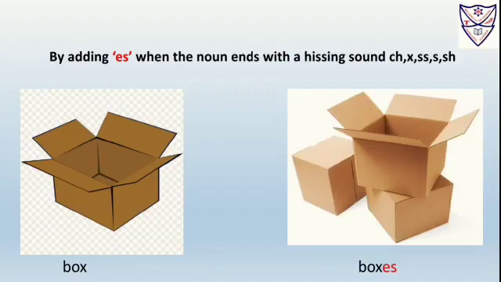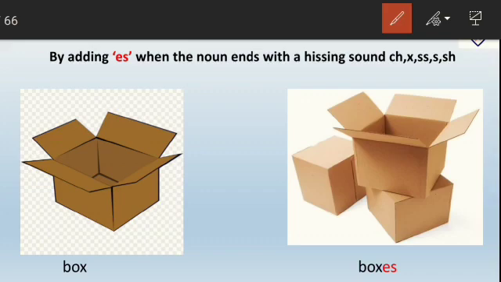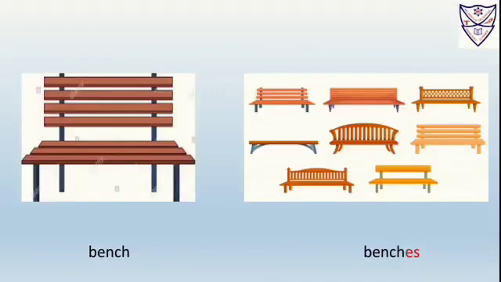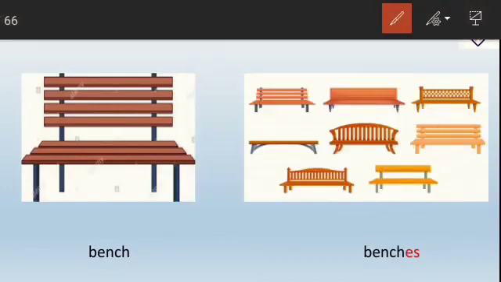Let's see some examples, like box, boxes. Now you can see, box ends with x, so to make it plural I am adding es. So box, boxes. Same way, now here you can see this word bench.